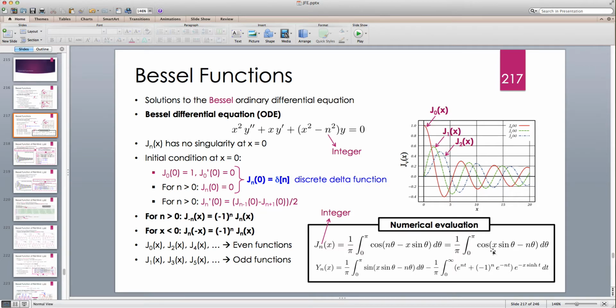But as you can see, we cannot express this result of integration with an elementary function or a finite number of elementary functions. What we can do is to expand this cosine in terms of its Taylor series, which is an infinite number of functions, and then integrate term by term, because the Taylor series of cosine is absolutely and uniformly convergent, right? And we end up with an infinite series for Jn.